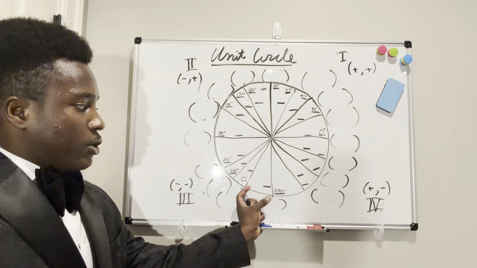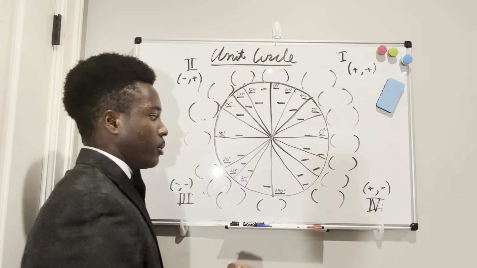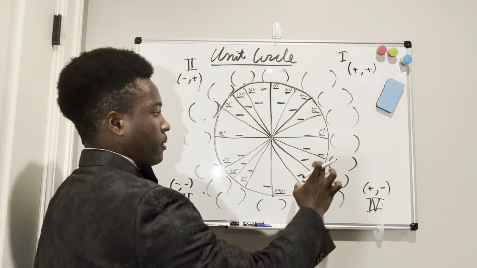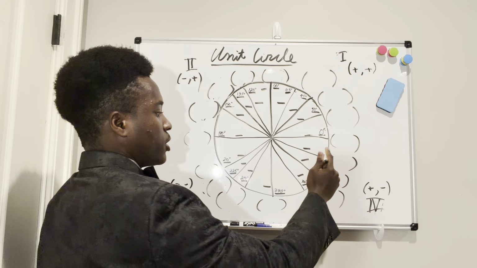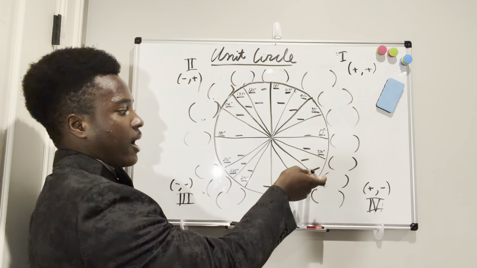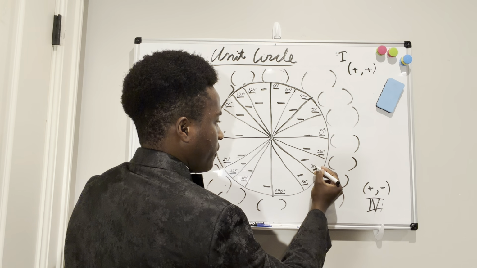We have another 30 degree jump, which brings us to 270. Then another 30 degree jump brings us to 300 degrees. And then another 30 degree jump brings us to 330 degrees. And we know that the halfway point between 300 and 330 degrees is 315 degrees.